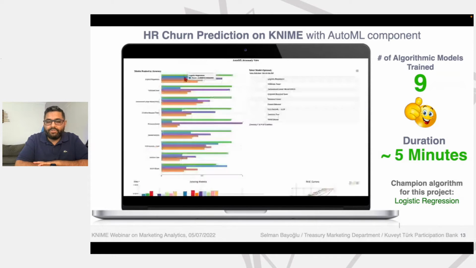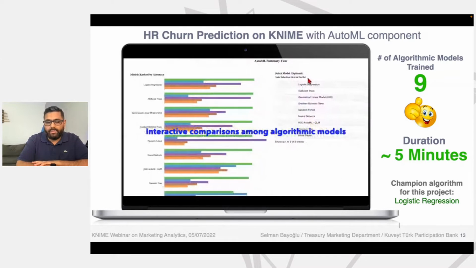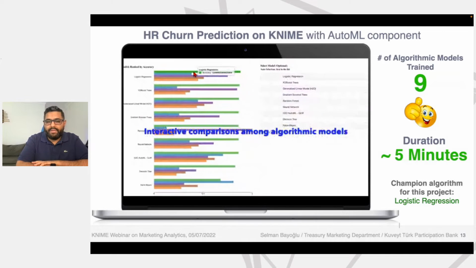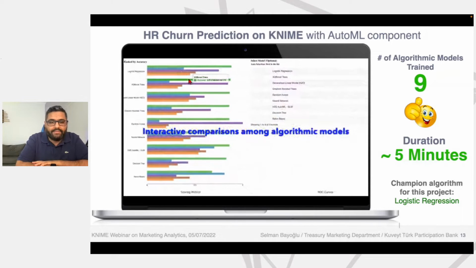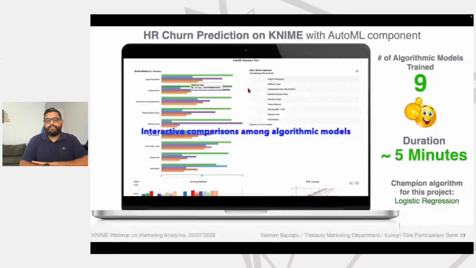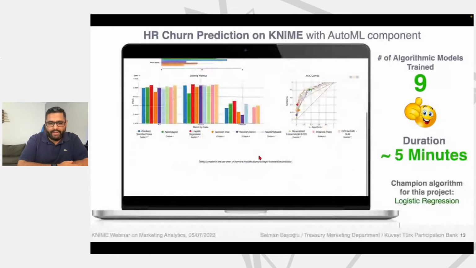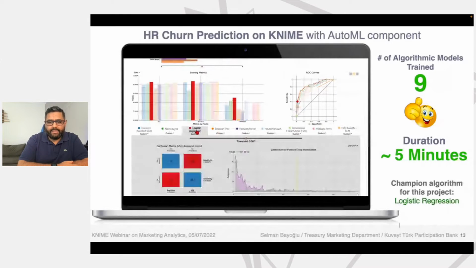You say interactive comparisons among algorithmic models, and the champion is logistic regression with 88% accuracy. And you go down for more interactive comparison and details. You see?